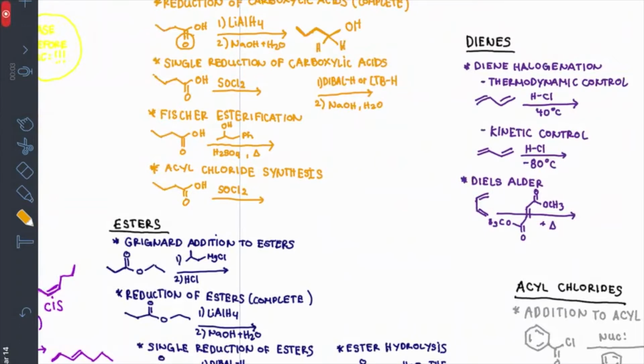To contrast that, we can also maintain our carbonyl by reducing a carboxylic acid. And in this case, we would use a single reduction of carboxylic acids. So we would go from our carboxylic acid, we would use SOCl2. And if you remember from a few minutes earlier, we're going to take our alcohol and replace it with chlorine.